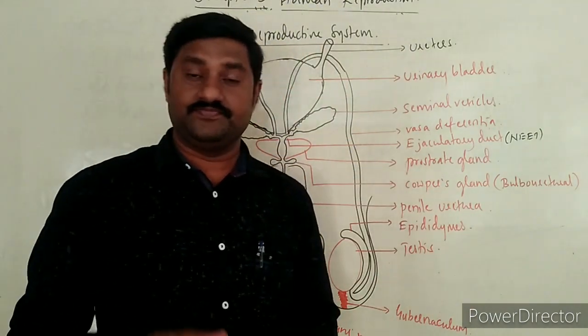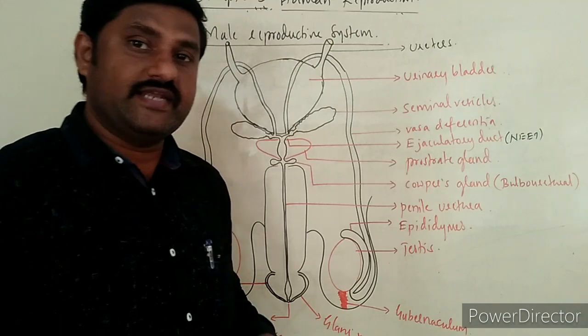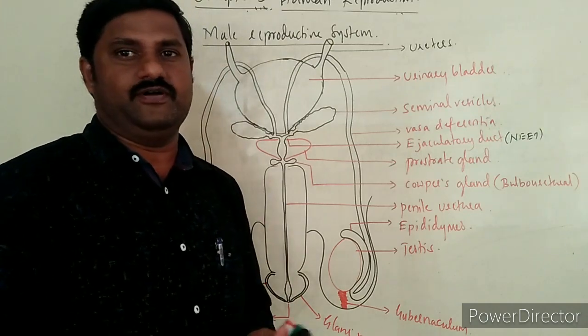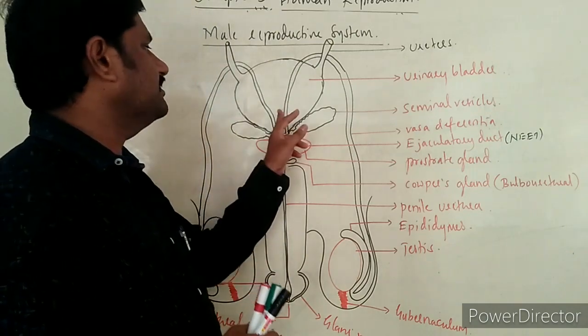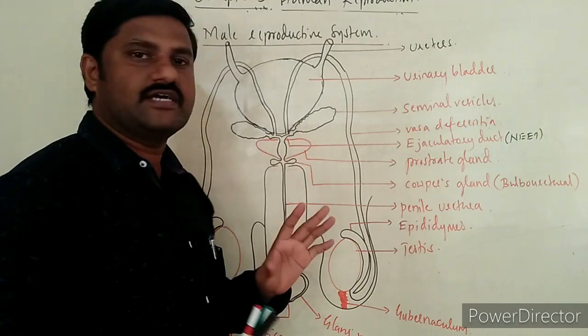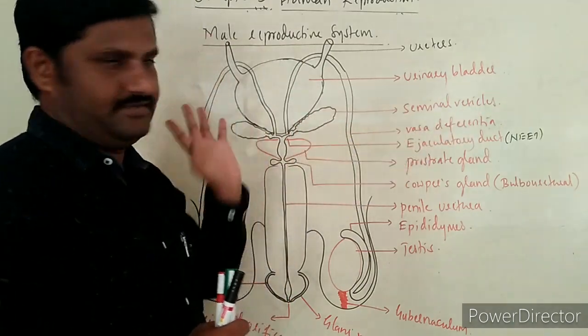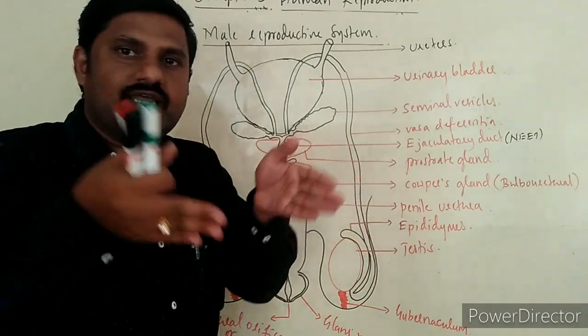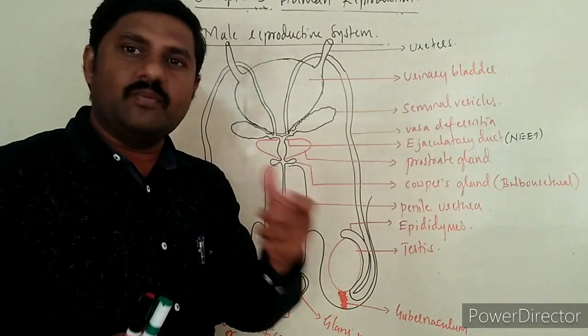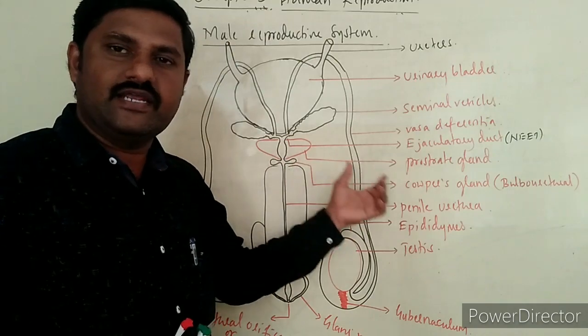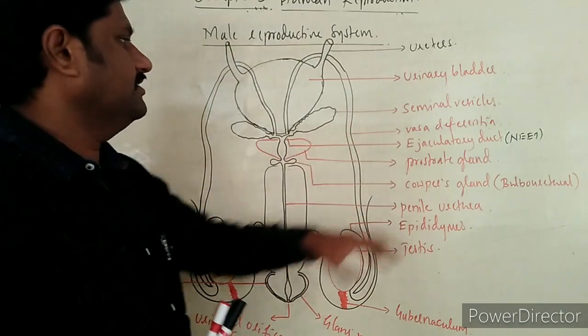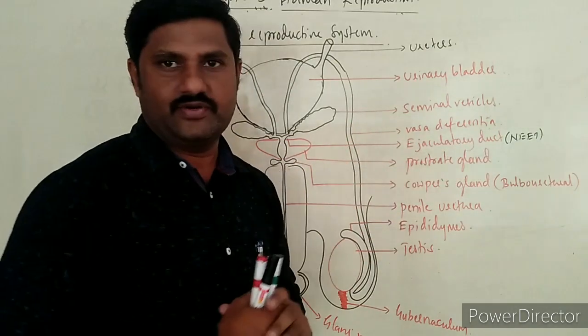The ejaculatory duct is made up of the vas deferens as well as the duct coming from the seminal vesicles. Both ducts together form a common duct called the ejaculatory duct itself, right? So this is a more important point to be noted.